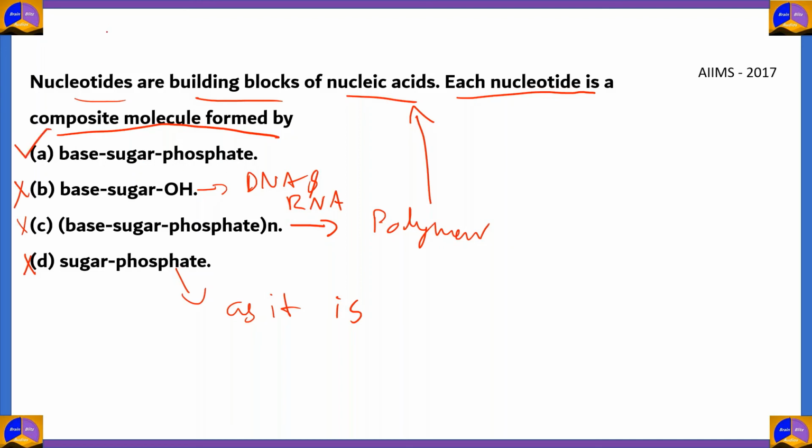Nucleotides contain a nitrogenous base such as adenine, guanine, cytosine, thymine, or uracil, and a sugar that is ribose or deoxyribose, and a phosphate in the middle. So therefore, option A is the right option. We know that option C also contains the same, but since the bracket raised to N refers to a polymer, and the polymer here is nucleic acids and not nucleotides, this option is wrong.